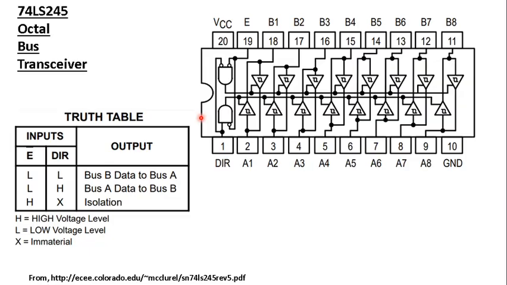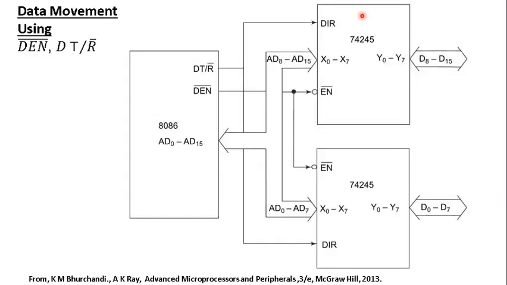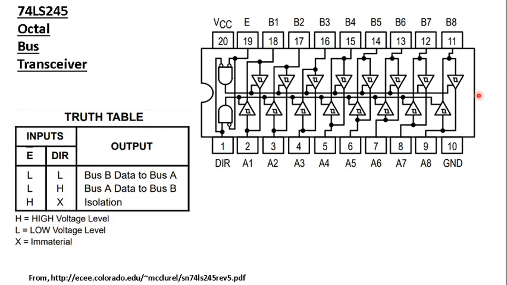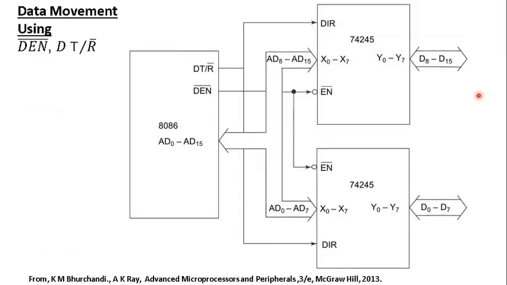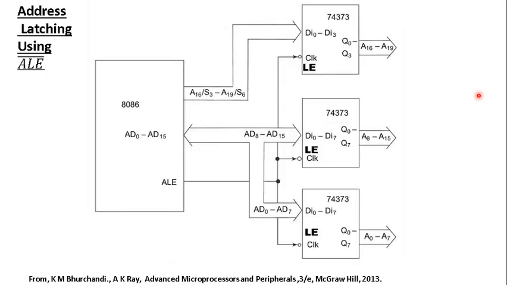Then, when enable is low, that is, the chip is enabled, and the direction is set to high, the conduction from the A side to the B side happens. It means data will be conducted from the processor side to the peripheral side. That's what happens in the case of the 74245. So we have covered how data transmission as well as address transmission happens in 8086.